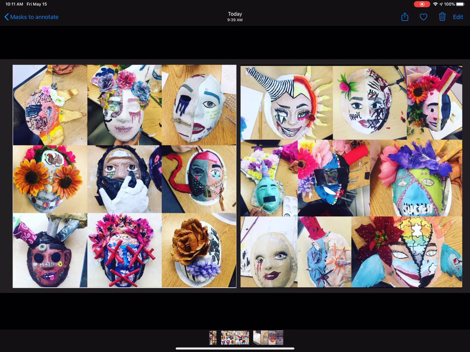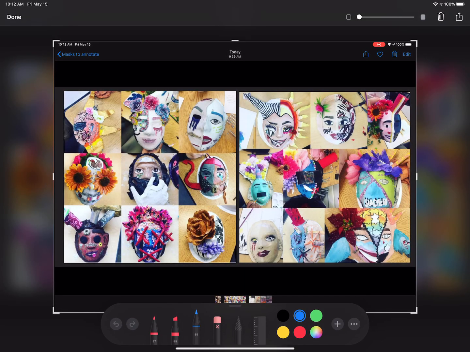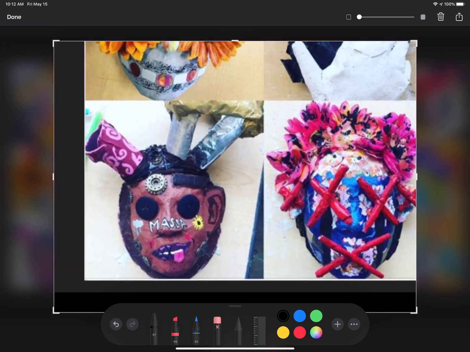So here's a great set of masks happening all over this page. It's just beautiful. And I would say that these are really a great example of visual balance. So all of these masks, I would say, are very balanced. Right?